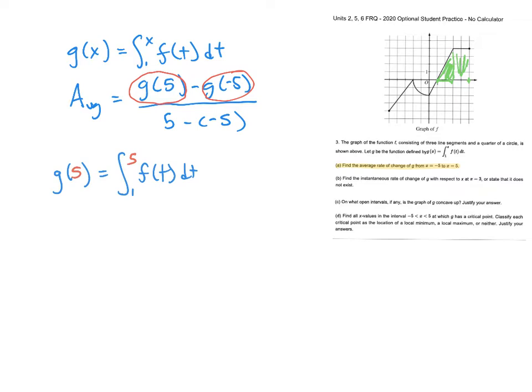So that's 2 times 4 is 8. Half of that is 4. So that area is 4 for the triangle. And then the rectangle is 2 by 4, so that's 8. And so, what is that? That's 12, right? So g of 5 is 12. And we just use area to do that.